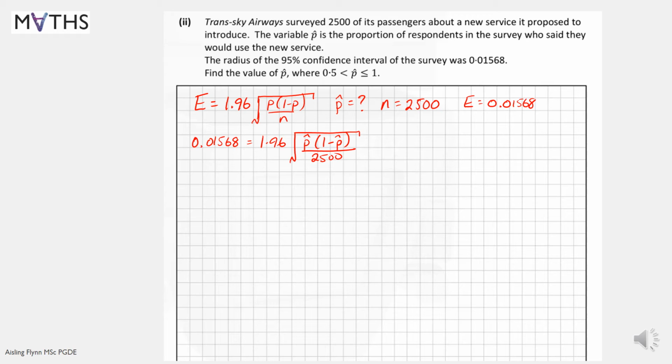The first thing I'm going to do is divide both sides by 1.96, and we'll be left with this. So we get 0.008 equals this square root.